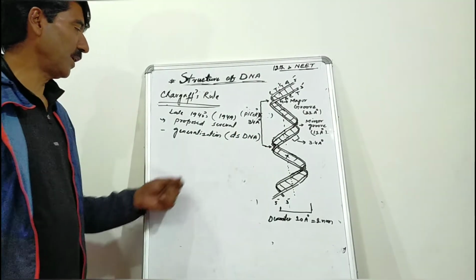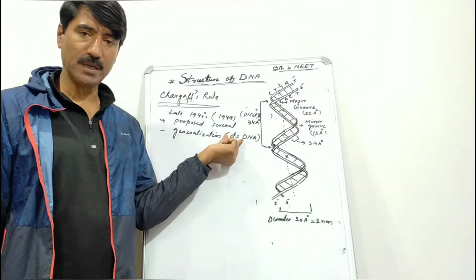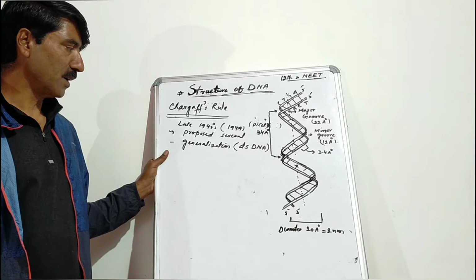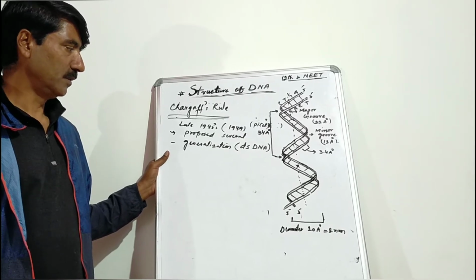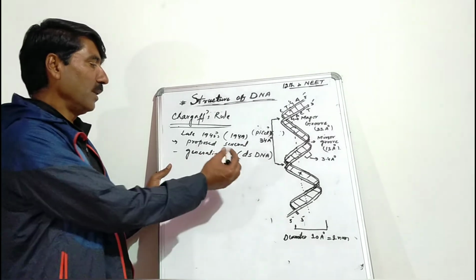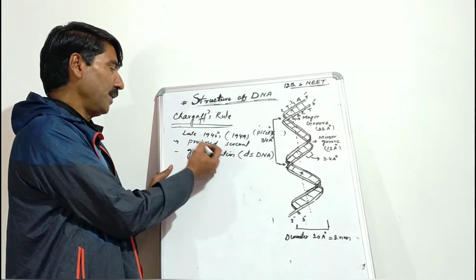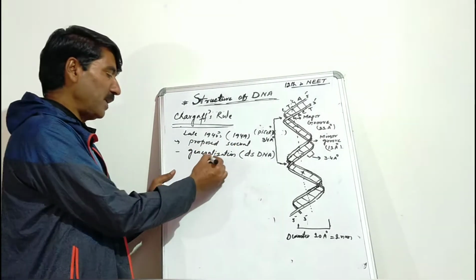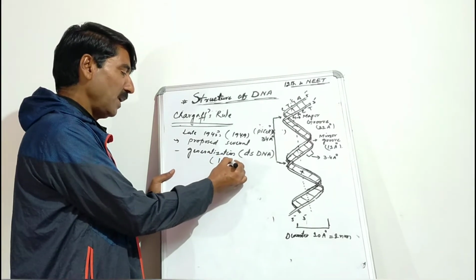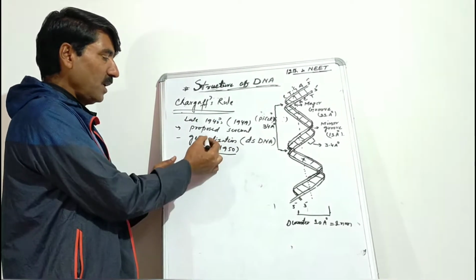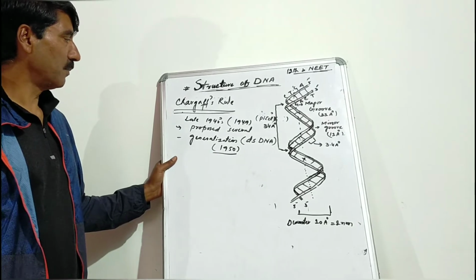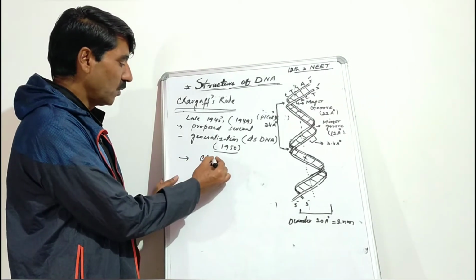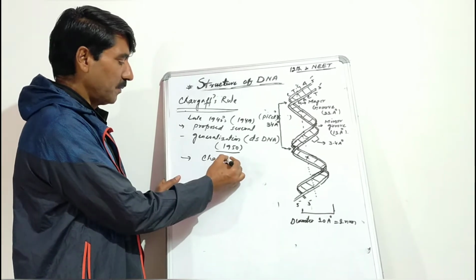I am mentioning here dsDNA, that is double-stranded DNA, because there is an exception. In some organisms there is single-stranded DNA, which we will study later. Now regarding the double-stranded DNA in 1949, this was published then in May 1950. These generalizations which were proposed by Chargaff were called Chargaff's rule in honor of Chargaff.